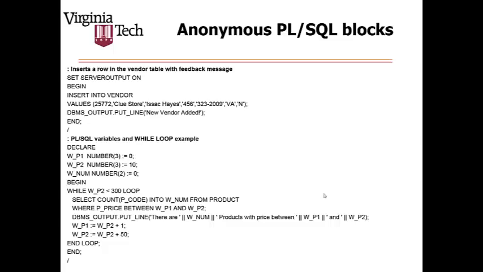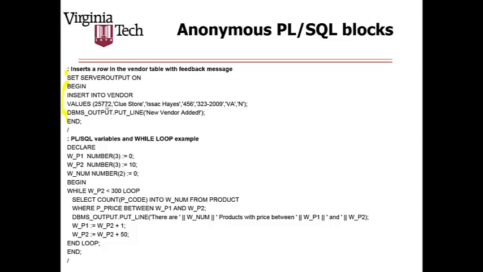Well, so here's a couple simple examples. So this is what's known as an anonymous block because it doesn't have a name. Right, so we say we're going to display server output. Here is our begin. Every procedure has a begin and end, and then we only have one statement in here.